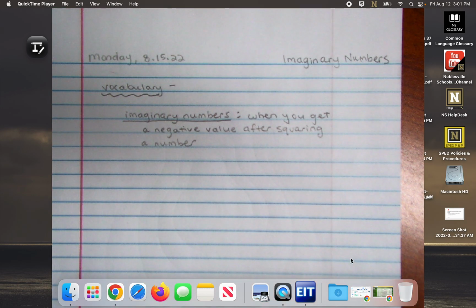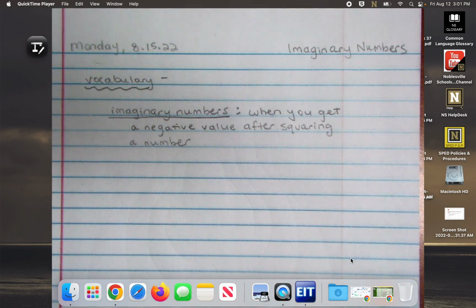When you get a negative value after squaring a number, right, which shouldn't happen, right? 5 times 5, 25. Negative 5 times negative 5, 25. So logically in our brains, you should not get a negative value after squaring a number, but this is where those imaginary numbers kind of have that weird dimension, okay?